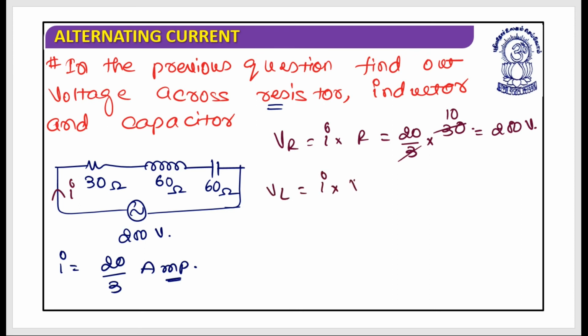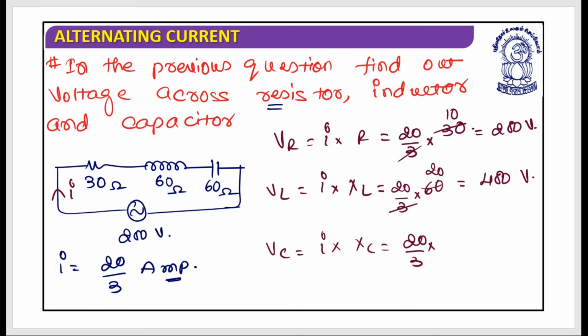It's basically I into XL. This is equal to 20 by 3 multiplied by 60. This is 20 into 20, which is 400 volt. What is VC, which is equal to I into XC? It's 20 by 3 multiplied by 60, again equal to 400 volt.